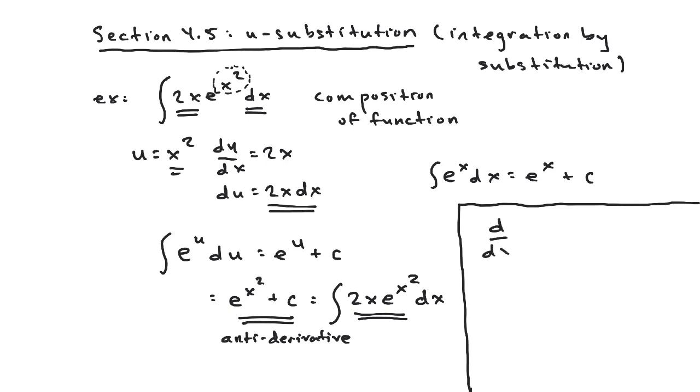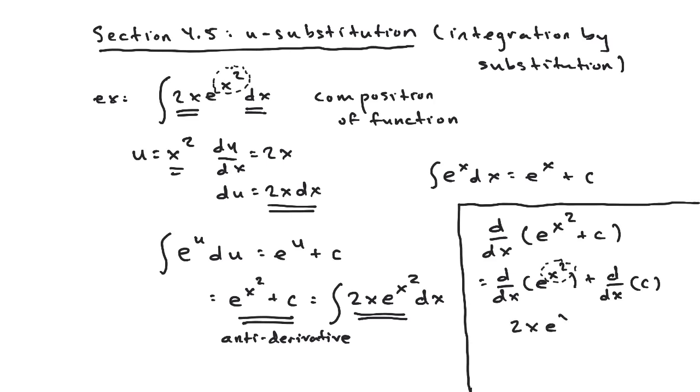This is equal to d dx of e to the x squared plus d dx of c. And if you remember, we have this chain rule for d dx of e to the x squared, where we take the function and write it again, and then multiply that by the derivative of the exponent, which in this case is 2x. So we have 2x e to the x squared. And then the derivative of a constant is going to be 0.